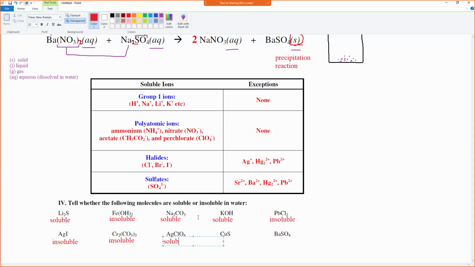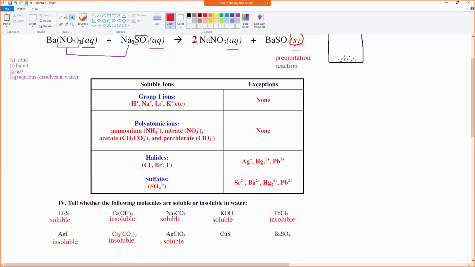Soluble. Why? Yeah, the ClO4 right here is one of our things which is always soluble, right? So careful, if you looked at that as AgCl, you might think that it's an exception, but it's not Cl, it's ClO4. Okay, good.